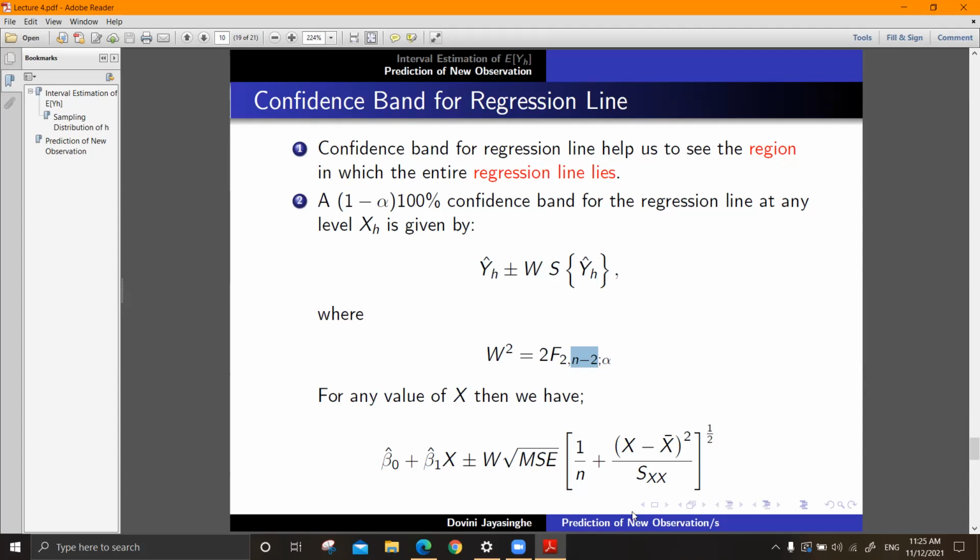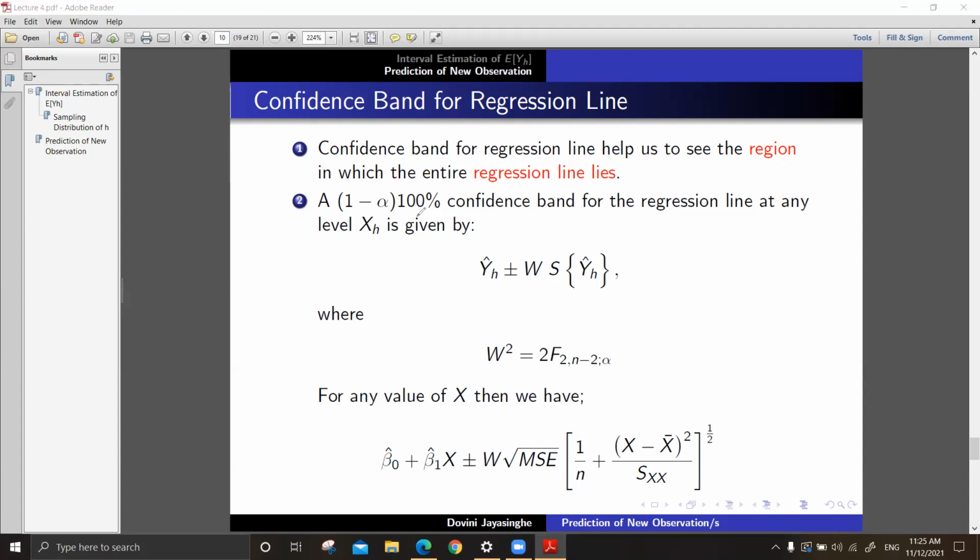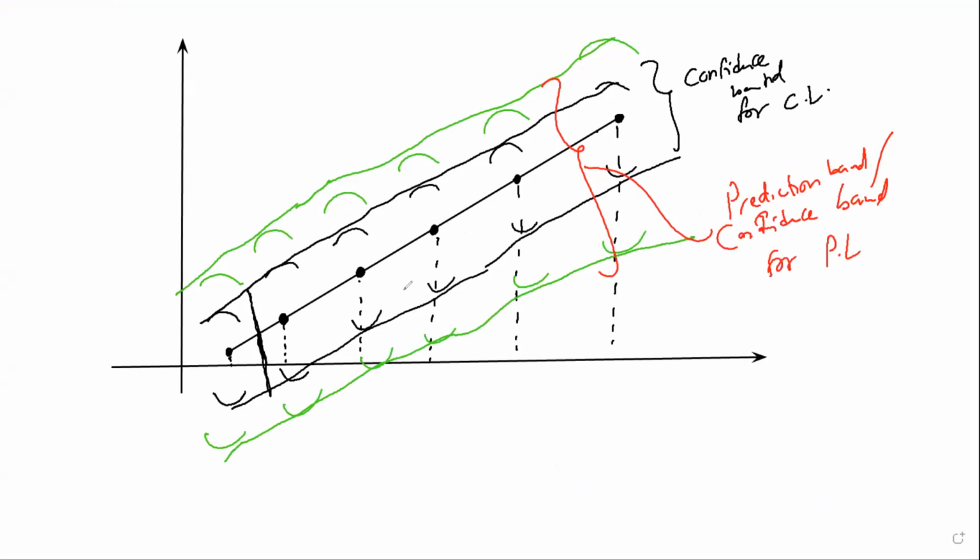If it is the prediction band, the band which is drawn for the prediction limits, the wider band, you have to have 1 plus here. So this formula is given for the black band, this one, the confidence band.